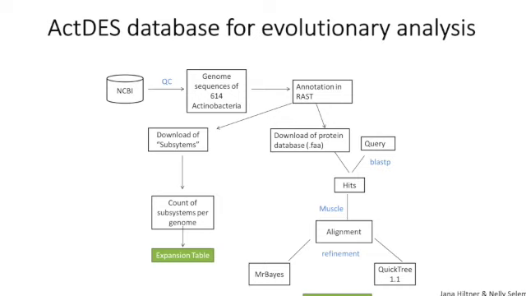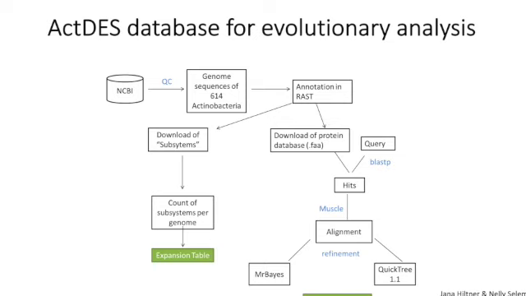All the details for this are in the ActDES paper, and this spans 614 actinobacterial species across 80 genera. So this is partly because it has a good phylogenetic spread across the phylum, but is overrepresented in genera like Streptomyces, which are overrepresented in the database simply because of the interest in this group of species.